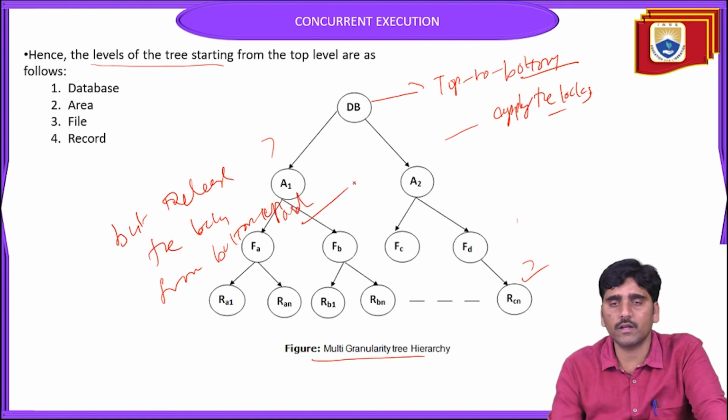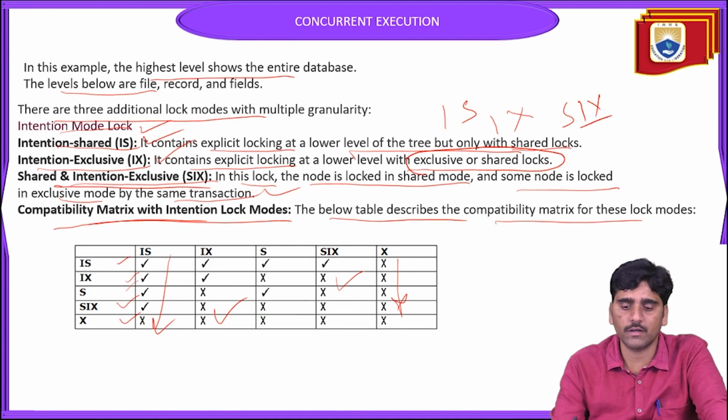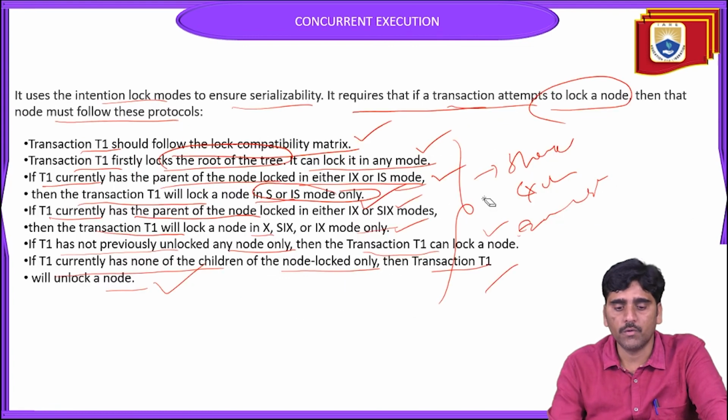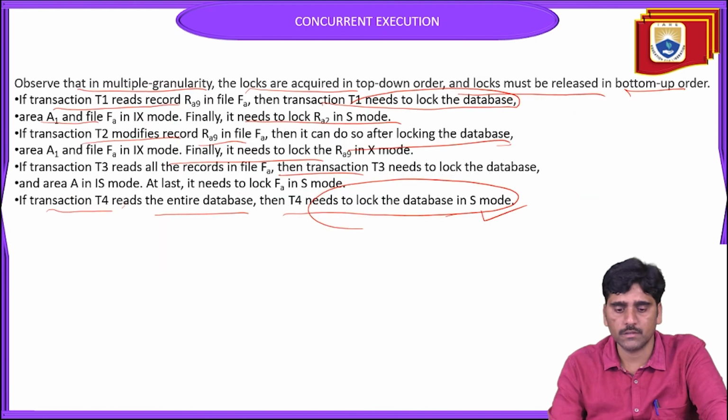So this is the way we can understand the concurrent execution problems and multiple granularity. You have all these types of modes and transactional problems. So this is all about concurrent execution.